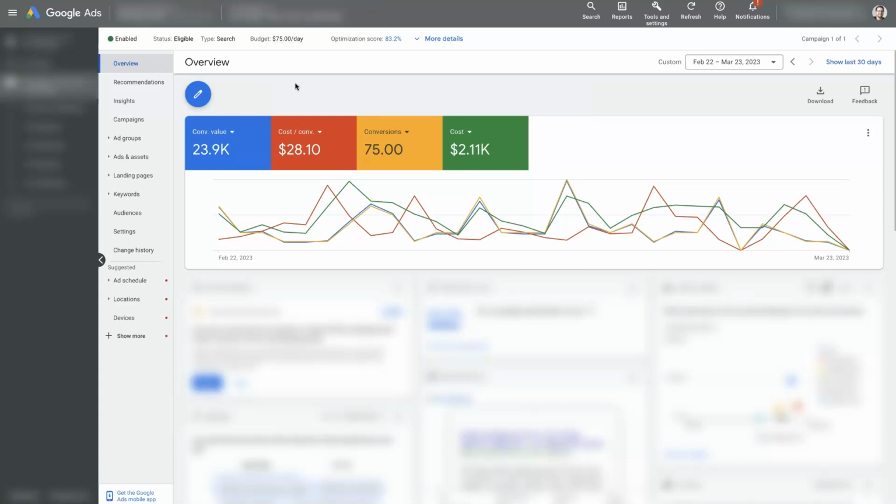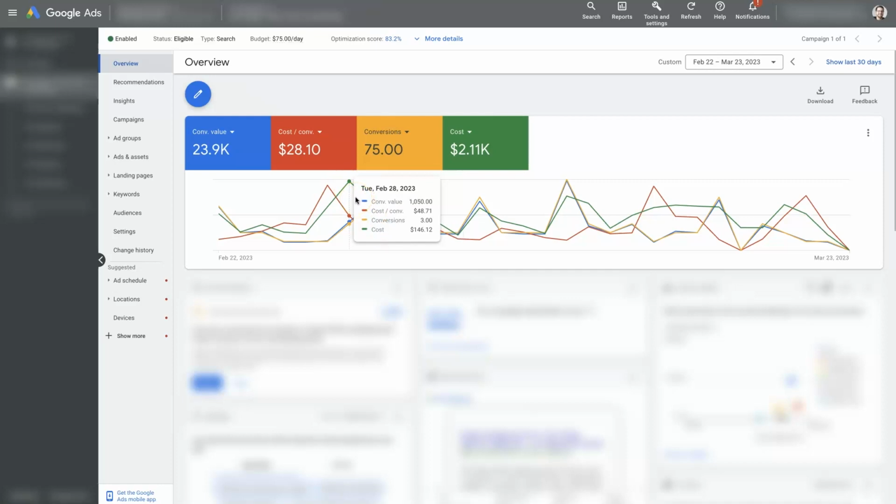However, it can spend up to 2 times your average daily budget in one day. So what that means is, with a budget set at $75, you can see there are some days here where the cost here is in green, and it's the bottom number.